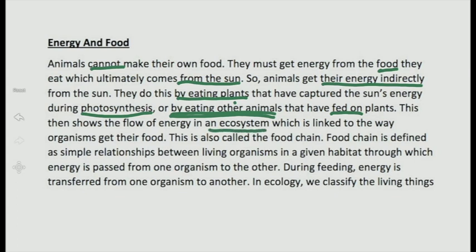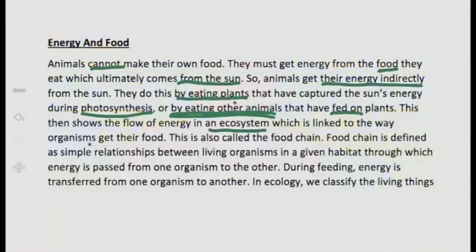This shows that there is a link to the way that organisms get their food. There is a link. This is also called a food chain. This link, where food is obtained by eating each organism, is also called a food chain.